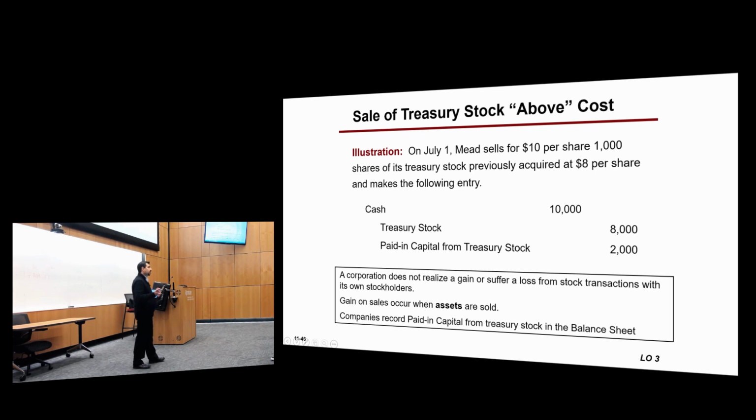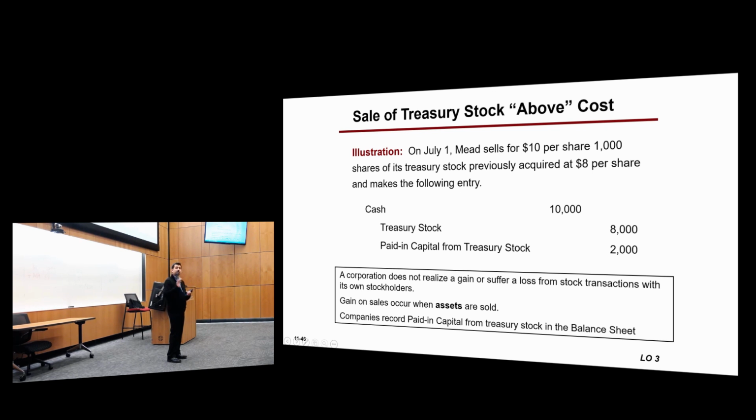Later when they sell above the cost, cash is the amount they receive, based on how much they sold it. It's $10 per share, that's $10,000. Treasury stock was recorded at 8,000, so we credit treasury stock 8,000. The difference between the two will be credited to paid-in capital.